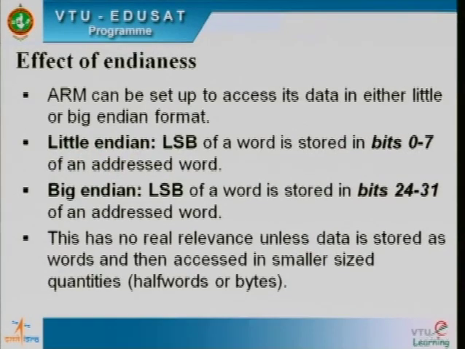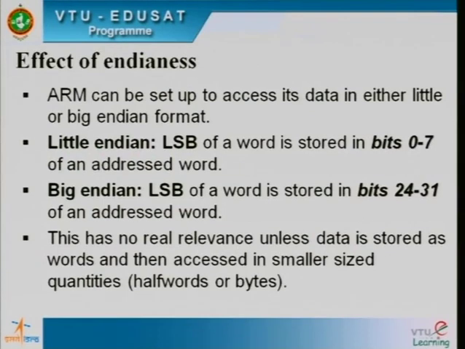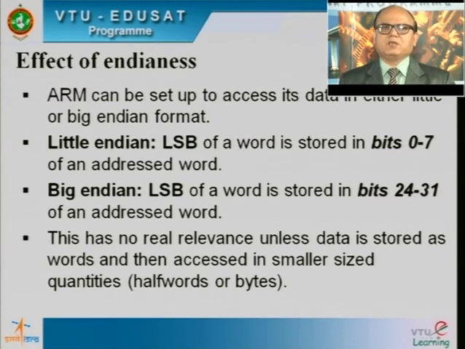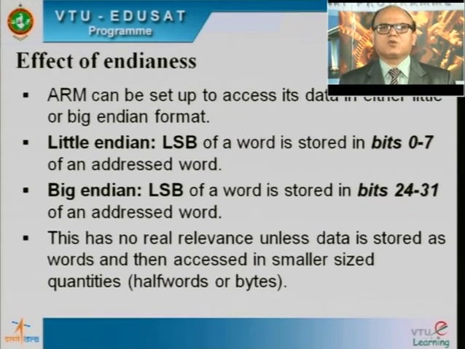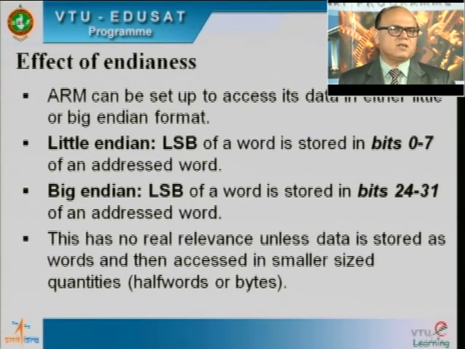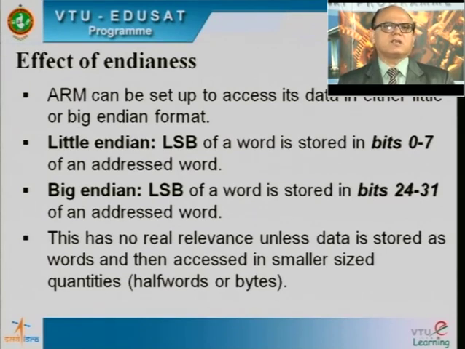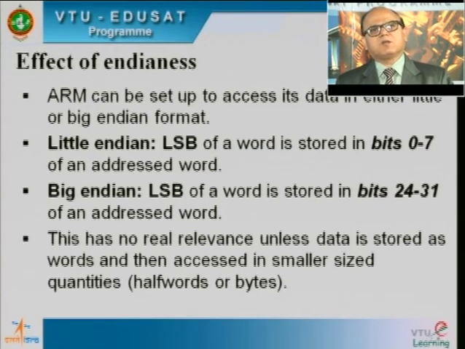Another important point when we talk about little endian or big endian: when a word is to be accessed, especially in the ARM, each new word is stored starting from a new word, that is, it is boundary aligned. Word is boundary aligned, so the word address will always be a number divisible by 4.